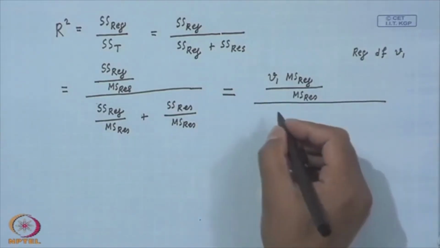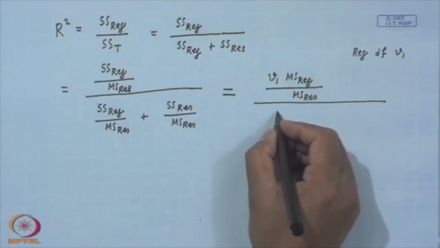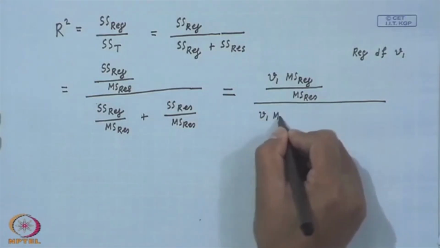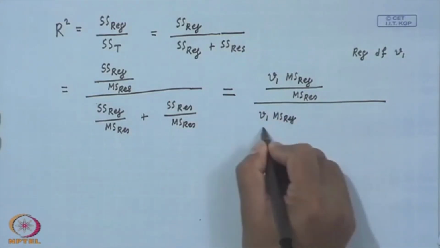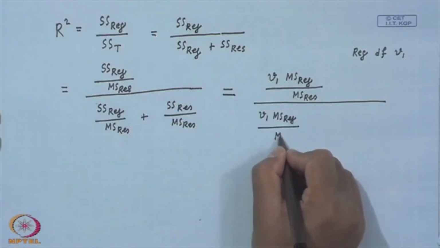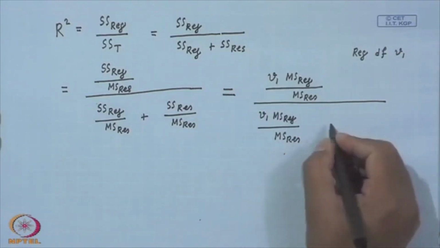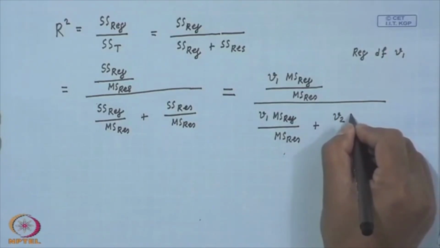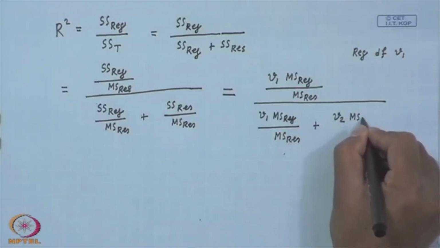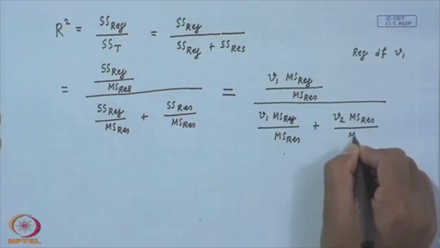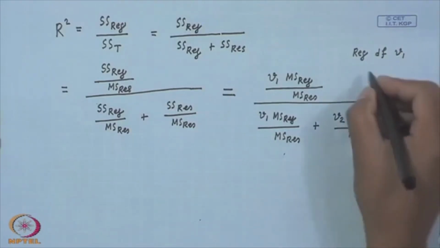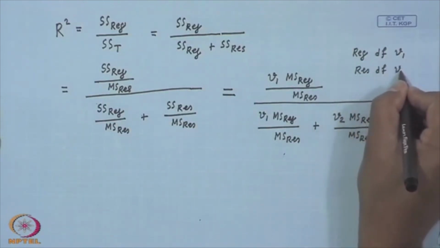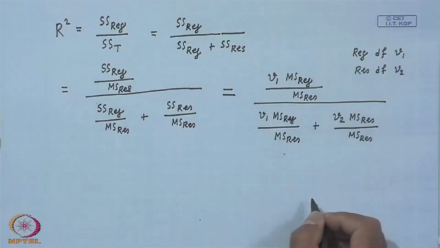And similarly here also I can write this as V1 MS regression by MS residual plus V2 MS residual by MS residual, where residual has degree of freedom V2.